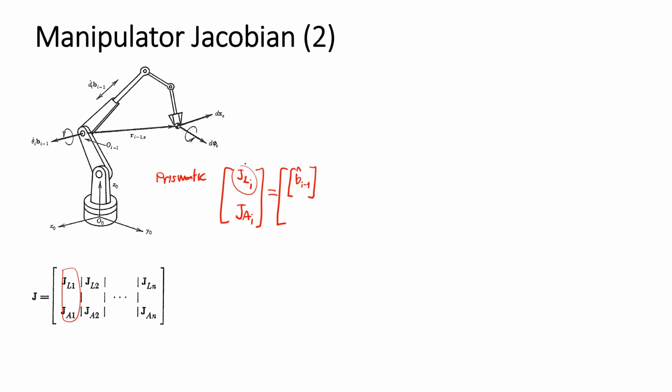How about the revolute? For the revolute joint, the linear and the angular Jacobian.